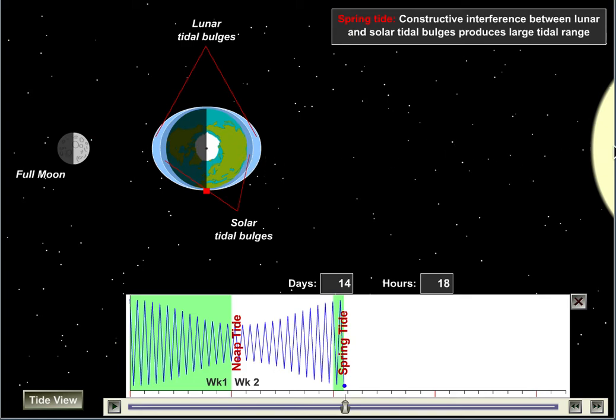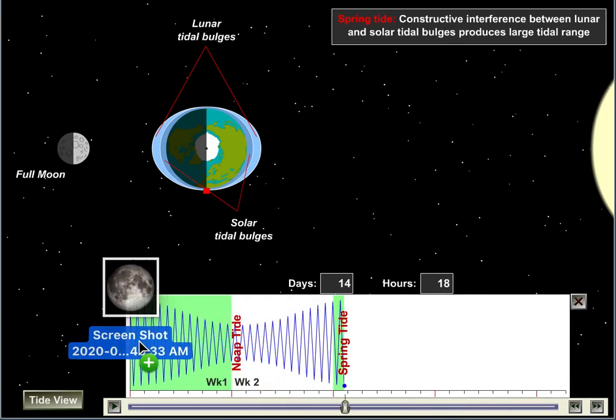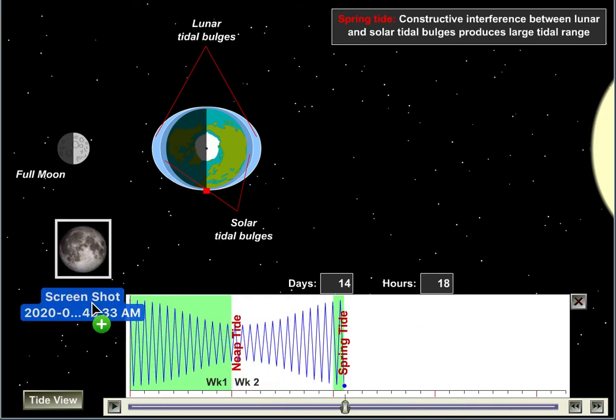Because they create a straight line, that would be a spring tide. It's another constructive wave. And here we would have a full moon. So again, if we eliminate that back half, the part that we can see is completely illuminated. So that is a full moon. We would see a full circle in the sky.